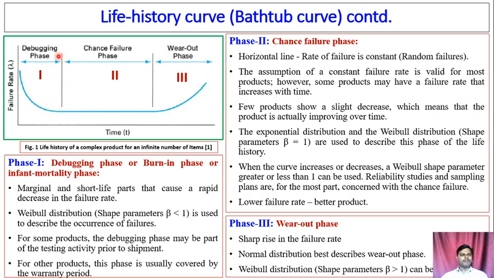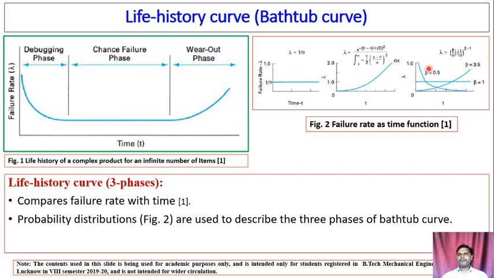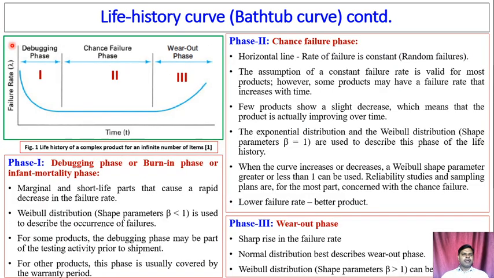If we talk about the Weibull distribution curve, the shape parameter that we have discussed in this slide, the value of beta, is less than 1. So the Weibull distribution curve, when the shape factor beta is less than 1, is used to describe the occurrence of failures in this curve.